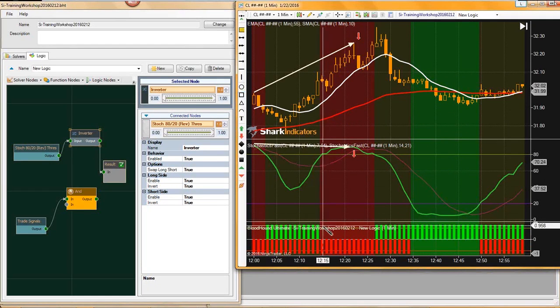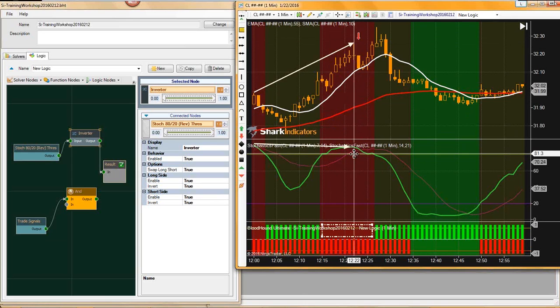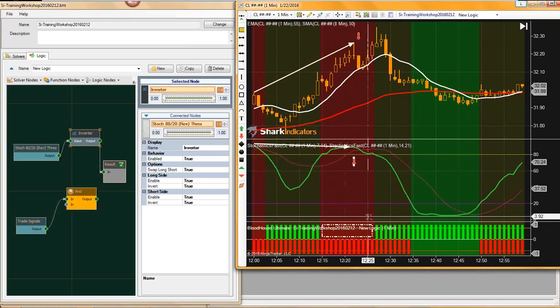See this area here, where there's no long output? This absence of a long output will block any long signals that are happening during our short divergence setup. This is the key.